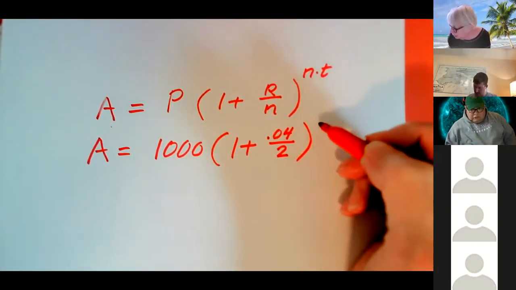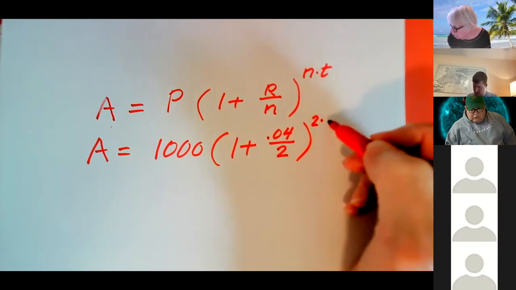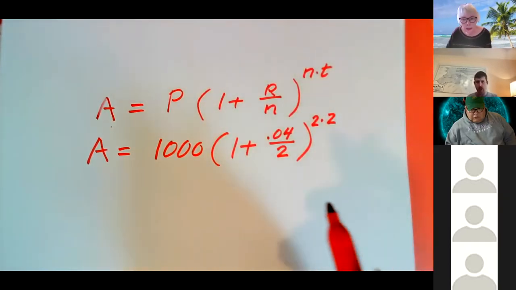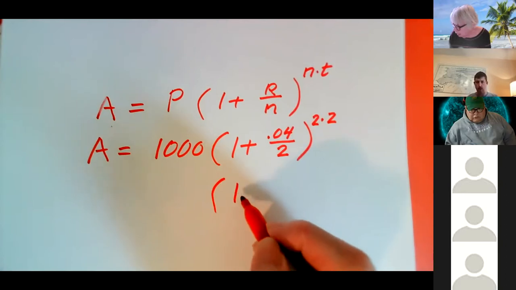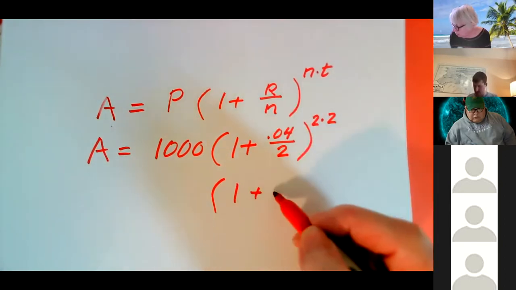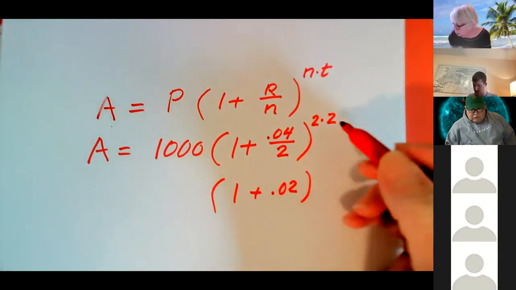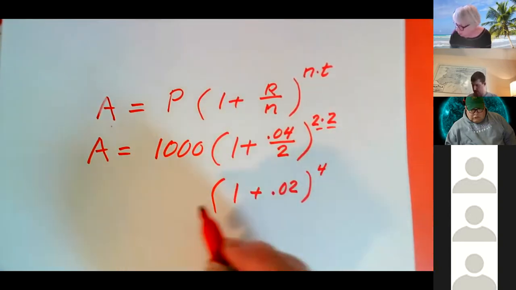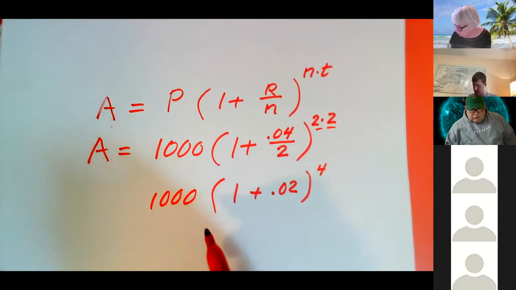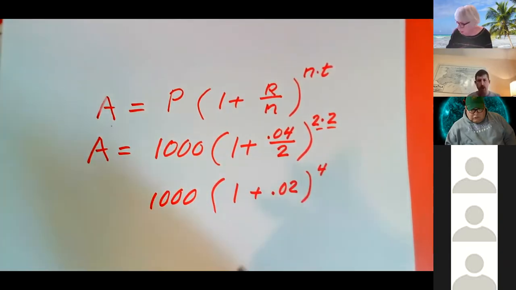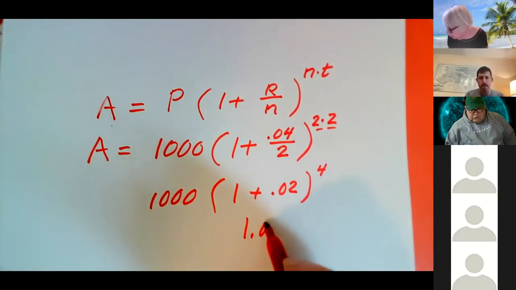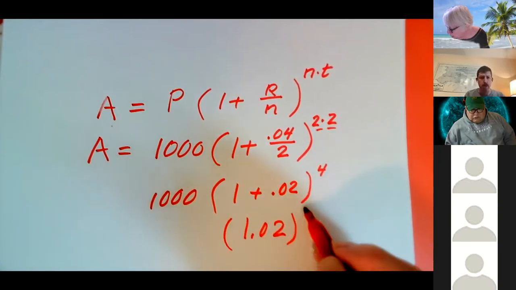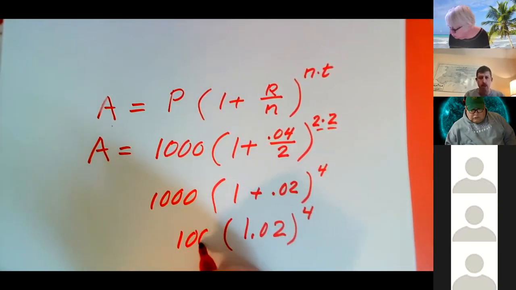And then n was also 2, and the time was 2 years. So this boiled down to 1 plus the 2%. The exponent, 2 times 2 is 4. Okay, so 1 plus 2% is 1.02 to the 4th power times 1,000.